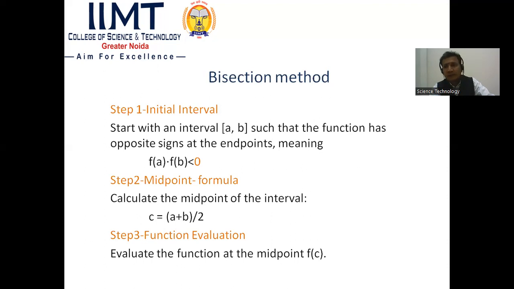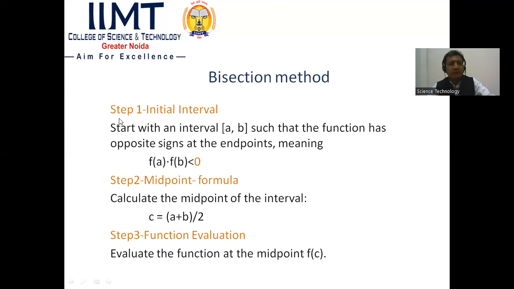Equation may be algebraic or it can be transcendental. This method involves few following steps. Let we have a function f(x) equal to 0 and we want to find the root of that equation.